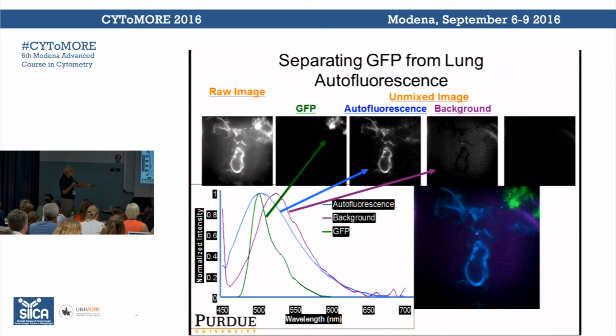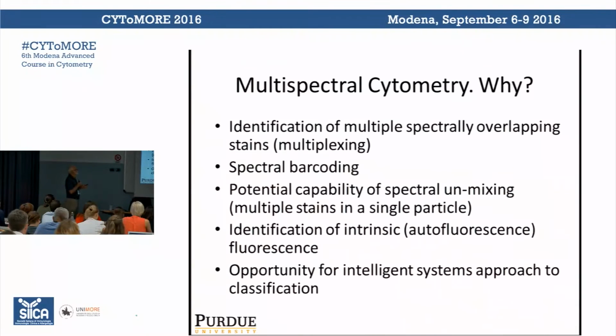And when you put them together, the GFP, which in the raw image simply cannot be separated because the overlap here is 100%. But when you do spectral analysis, you can clearly separate out the autofluorescence and the GFP. So that's a big advantage.